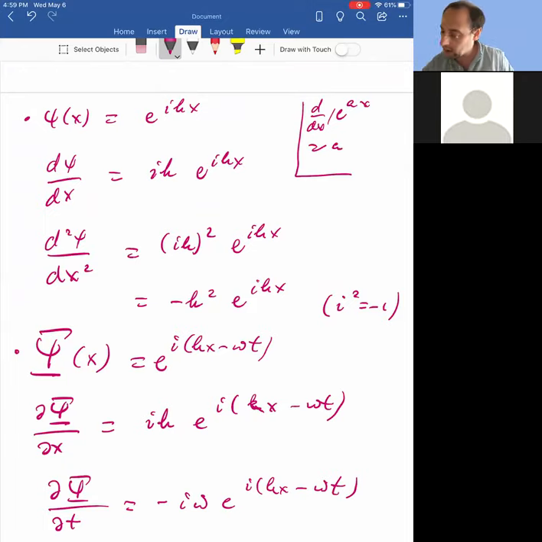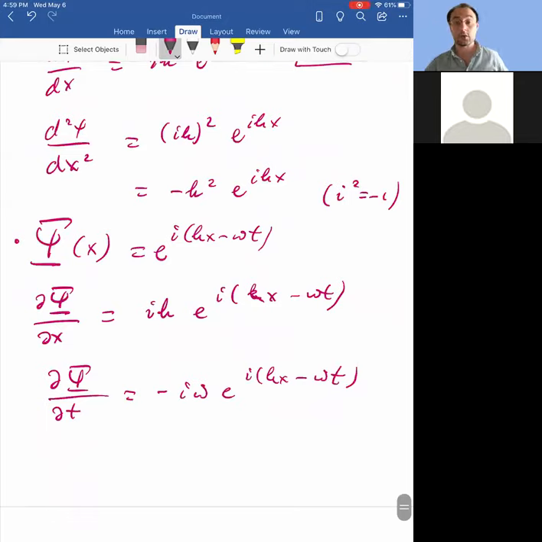It's really just a chain rule. The way it manifests itself is that you bring the a down and you leave alone the exponential. In this case, the a is ik, so that's why you bring the ik down. But again, I want you to realize that this is the chain rule speaking.